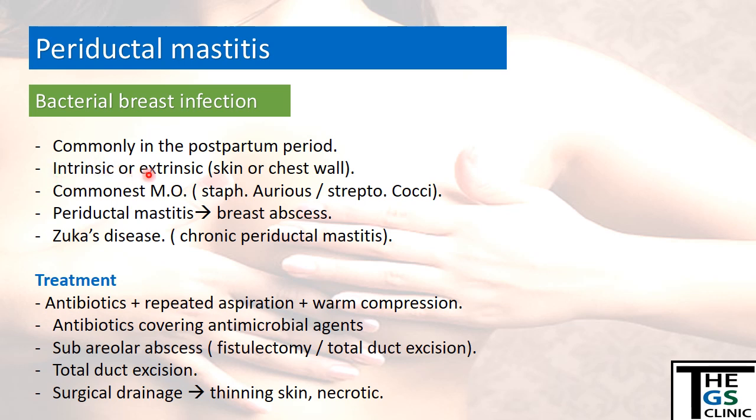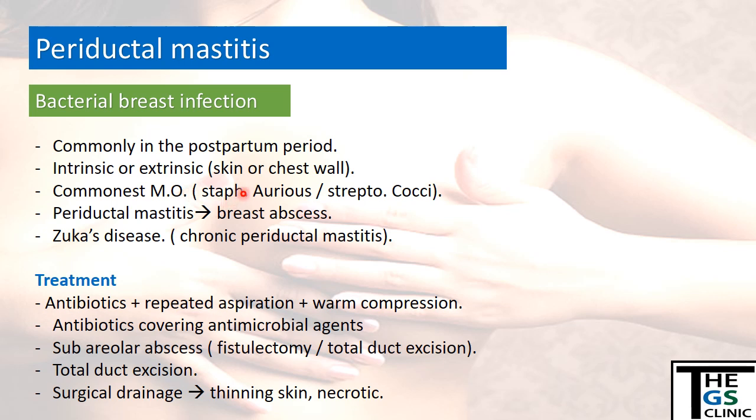So here we are talking about the intrinsic cause, that is from the duct. We have other causes for infection of the breast that might be from the skin, such as an infected sebaceous cyst or an insect bite or whatever skin condition that might cause infection of the breast tissue, or even from the chest wall, like from inside the chest.